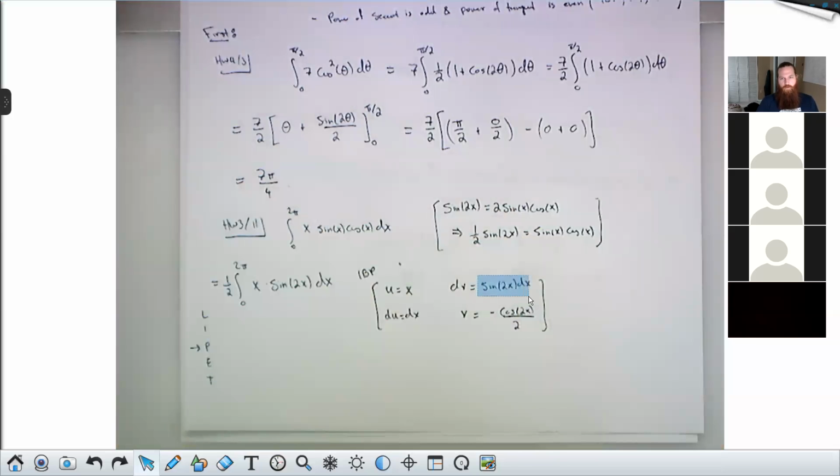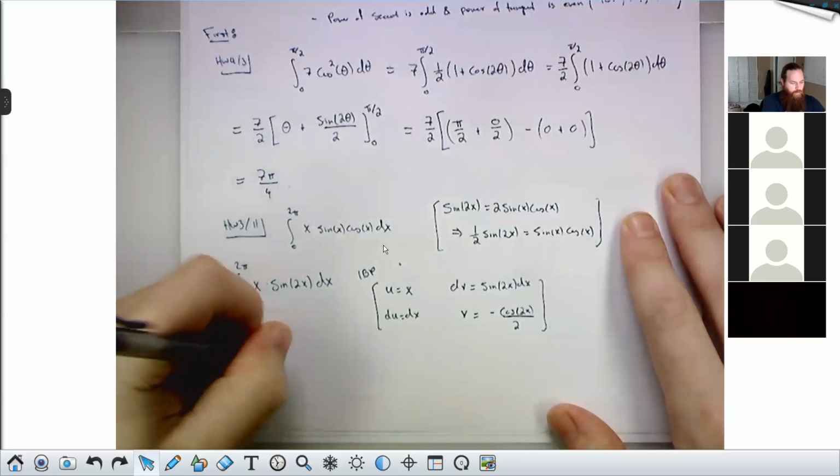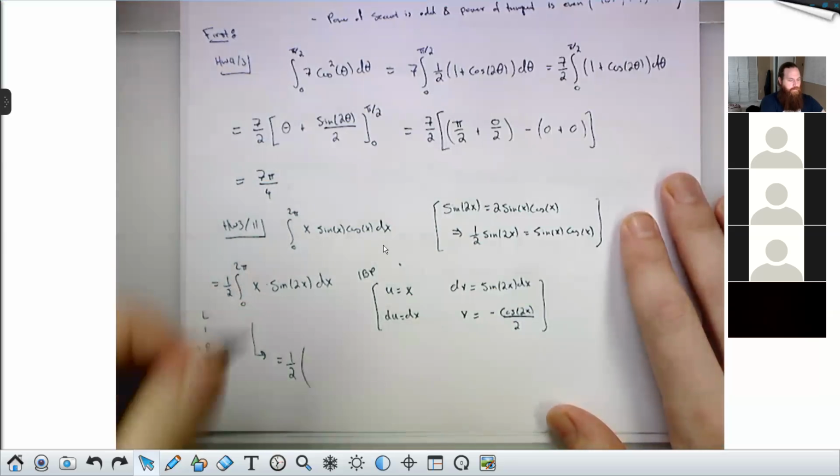Again, a micro u sub taking me from here to here. So if I follow my integration by parts formula from here, that 1/2 is going to stay out front, and then I'll open a big parentheses.